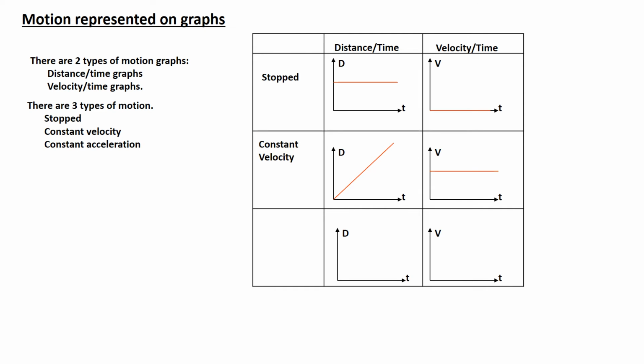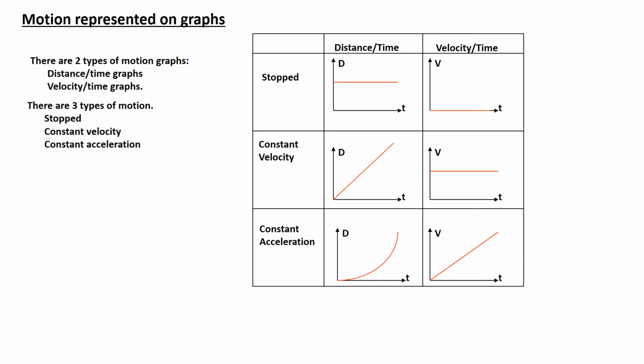On the distance time graph, distance is directly proportional to time, and we see this gradient. The gradient is also equal to speed. Whereas constant velocity on a velocity time graph is a plateau. There's no gradient in it at all.